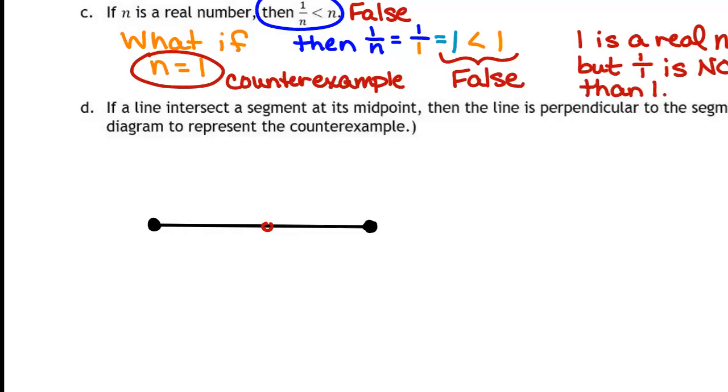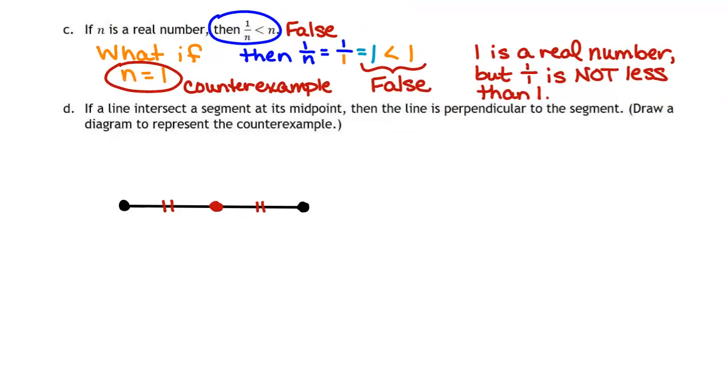We're going to identify its midpoint. These two sides would be congruent if that's really the midpoint. If I draw a line that goes through this center dot, does it have to be a straight up and down line like this? No.